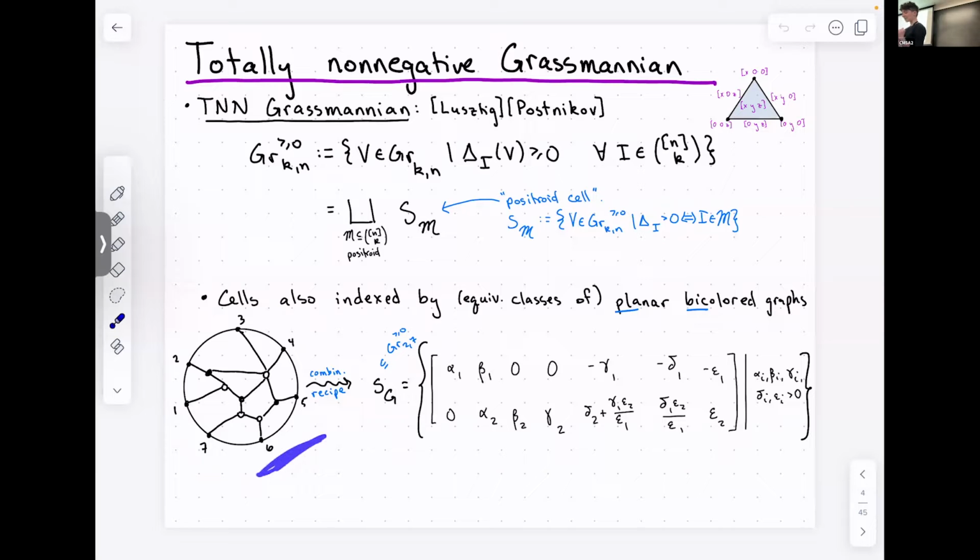If someone handed me this graph, the cell I would give them is this: points in the Grassmannian represented by matrices of this form, where these Greek letters, alpha through epsilon, are just ranging over positive real numbers. So throughout this talk, if you ever see a graph, you should be thinking, that gives me a positroid cell. And actually, something even more is true. This graph gives me a specific parametrization of the points in this cell. That will also be important, but in the background.